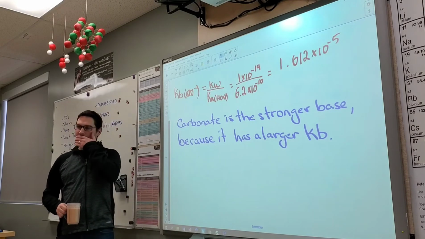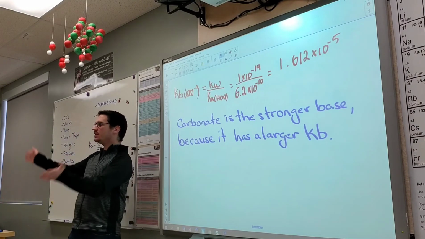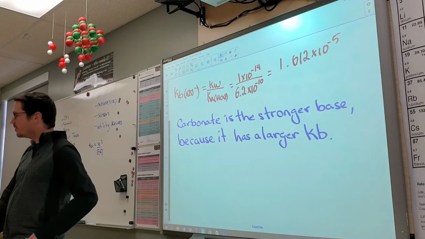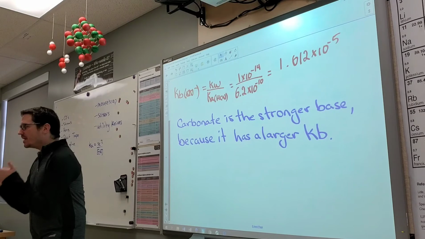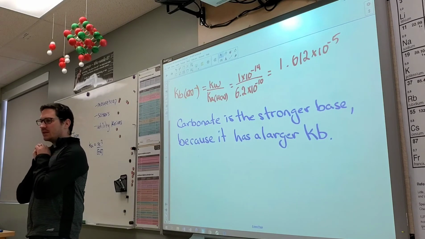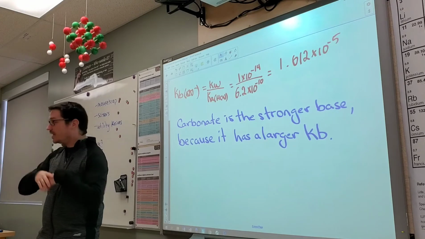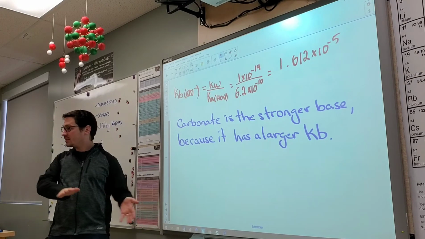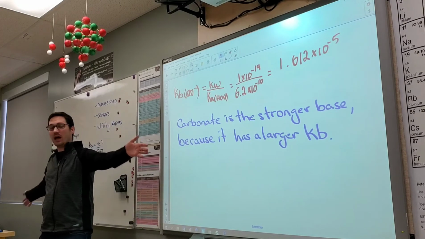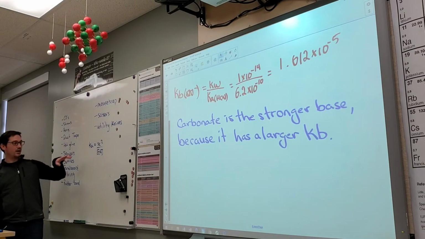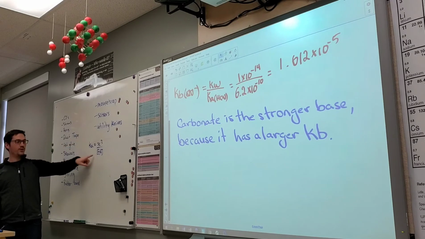Okay. Now, KBs are exactly like KAs. What do bases make in water? Hydroxide. So all the same old tricks still apply, right? What's the approximation when we're solving for weak acids?